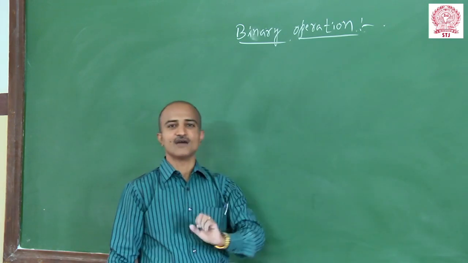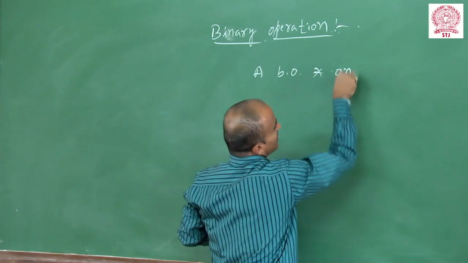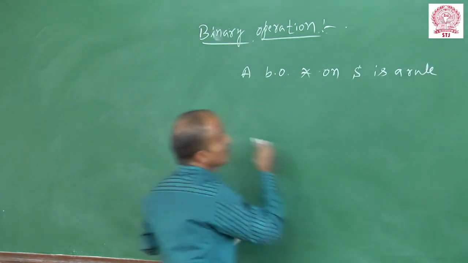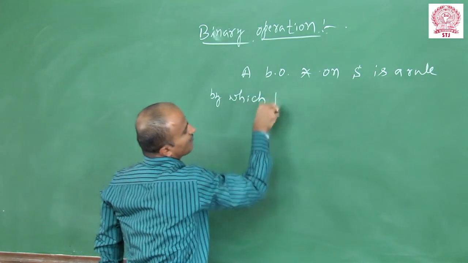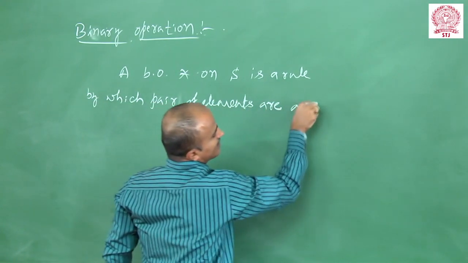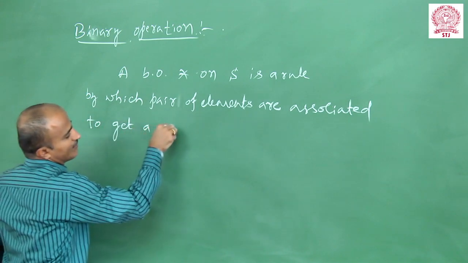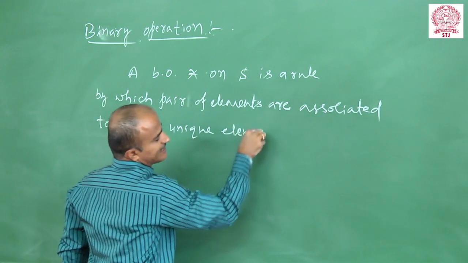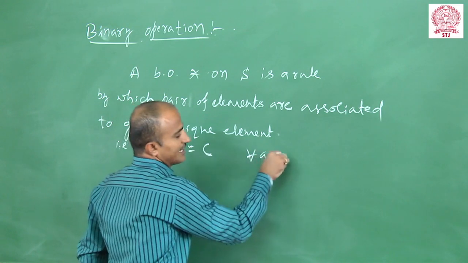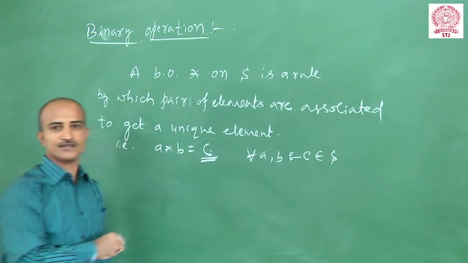Then how to define a binary operation? A binary operation star on a non-empty set S is a rule by which a pair of elements are associated or combined to get a unique element, that is A star B equals C for all A, B and C belonging to S. Whatever C we obtain should be a unique one.